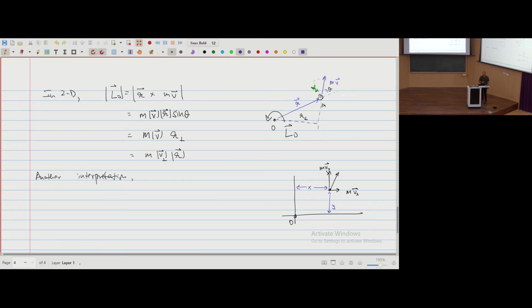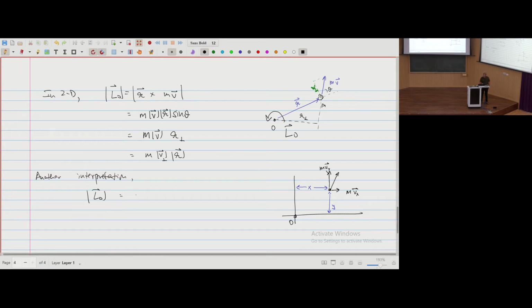So what's happening is, mvx by itself has a tendency to provide a clockwise sense of rotation about O. So we can write L, direction, again we don't care because it's a planar system, so direction is outside the plane of paper.